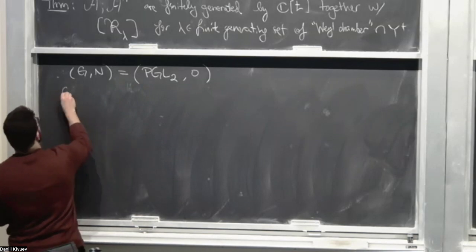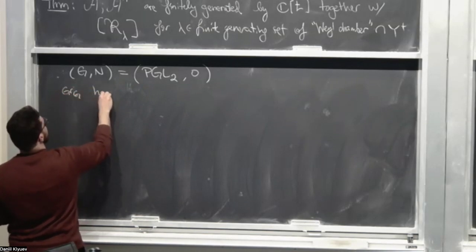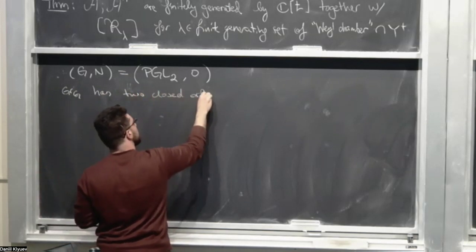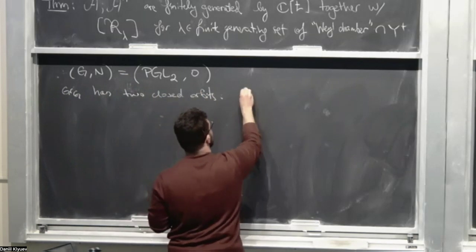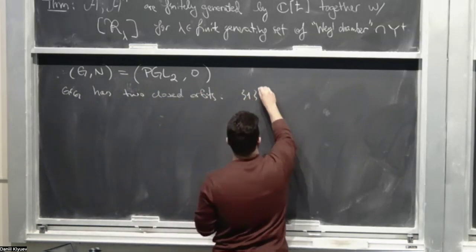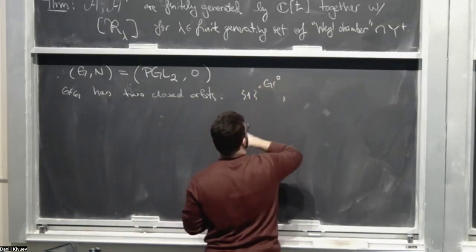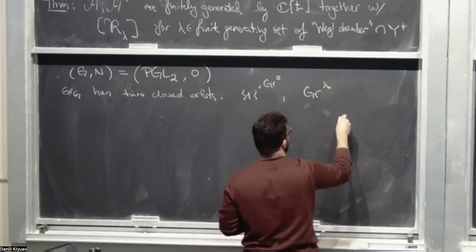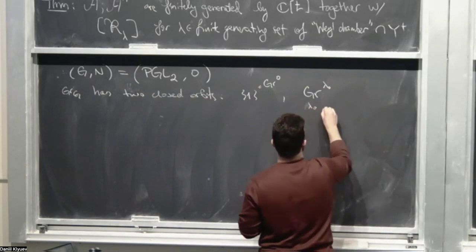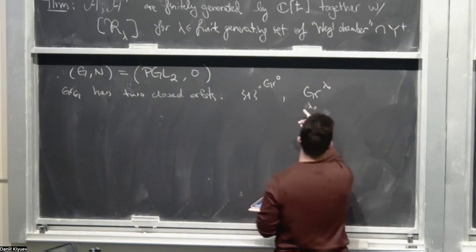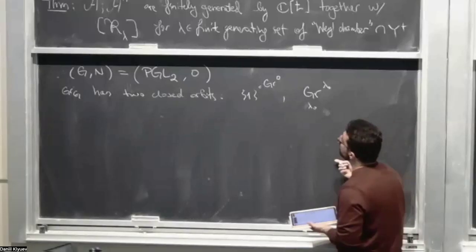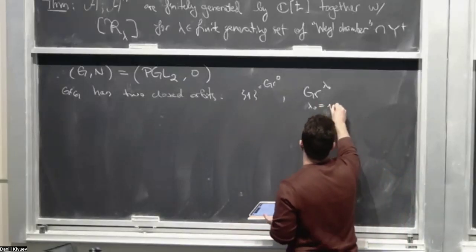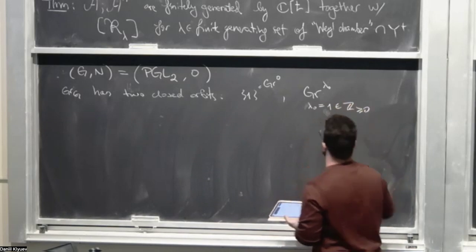You observe that your G has 2 closed orbits: the trivial one, and also your lambda 0, which is a generator of the positive coweights. In this case the coweights are Z, so I can just take that to be the positive coweights like this.